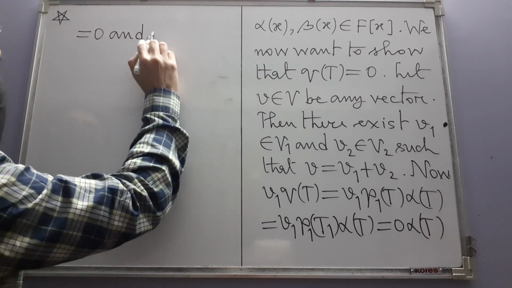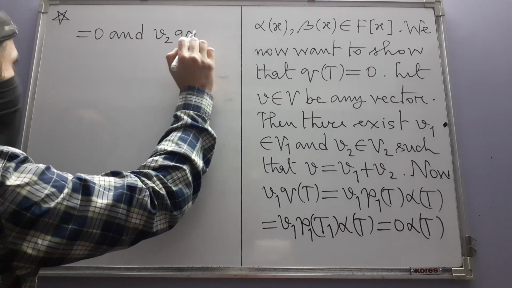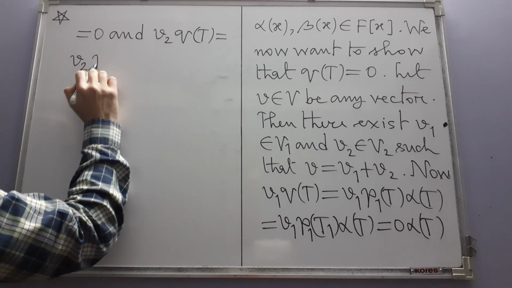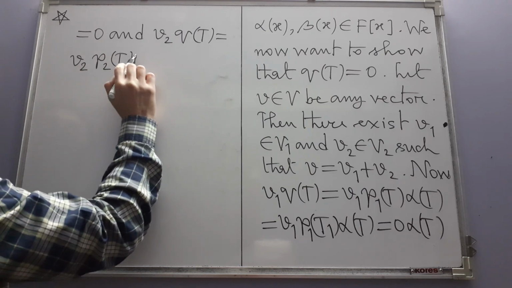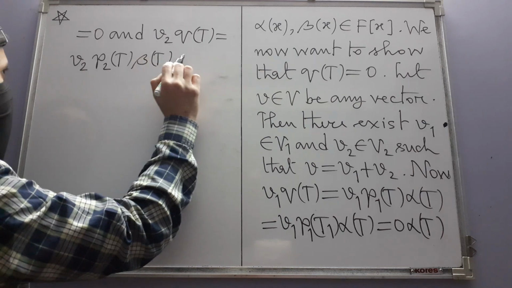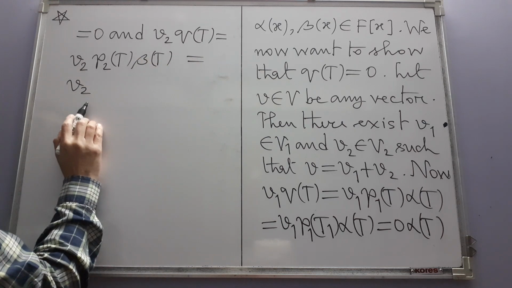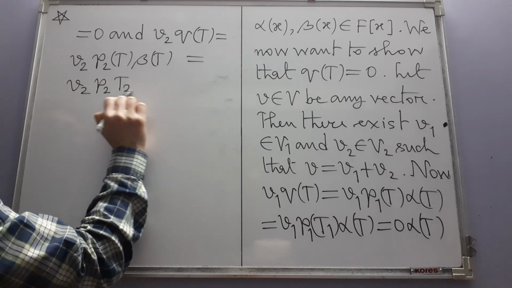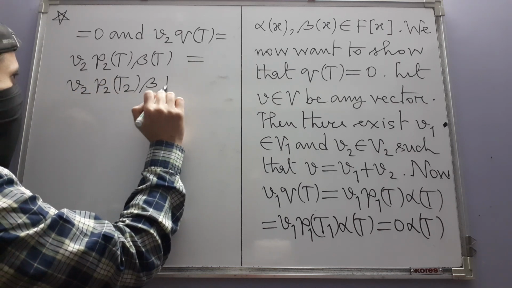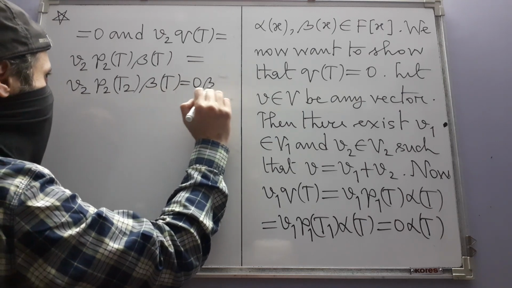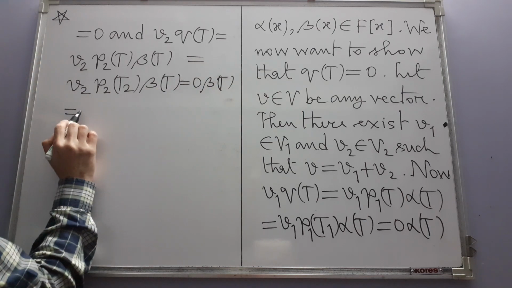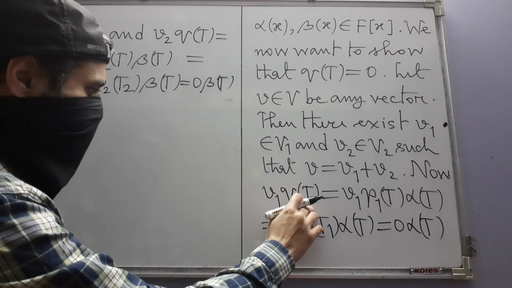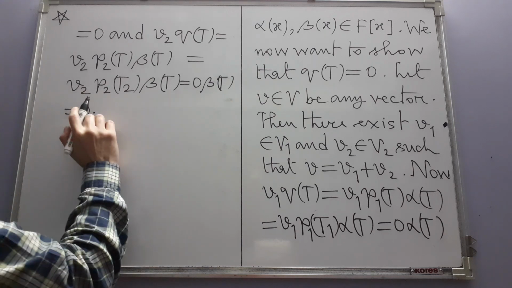And similarly, this is first P2 of T times beta of T, and then that's equal to, similarly here we will have P2 of T2. Okay, that means applying Q of T on both V1 and V2 gives us 0.